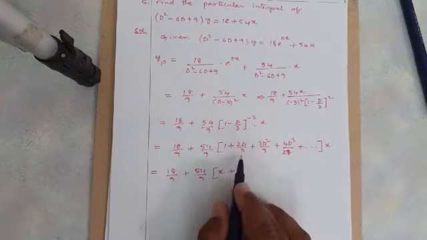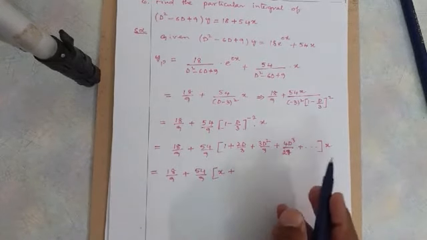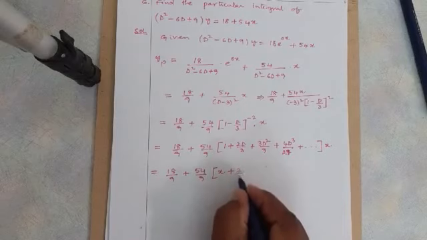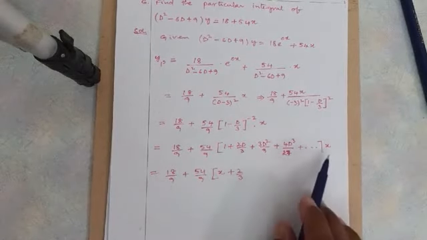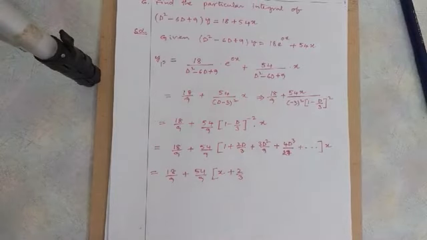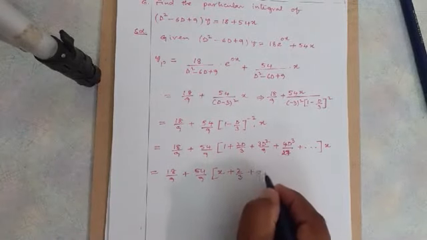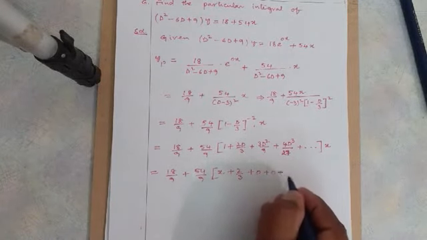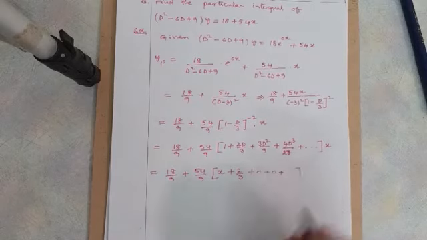So 2 by 3 d by dx of x is 1, so I write 2 by 3 here. Then when you differentiate x twice, d by dx of x is 1, and again when you differentiate 1 with respect to x, that becomes 0. So all the next terms become 0. Okay, so this you get.